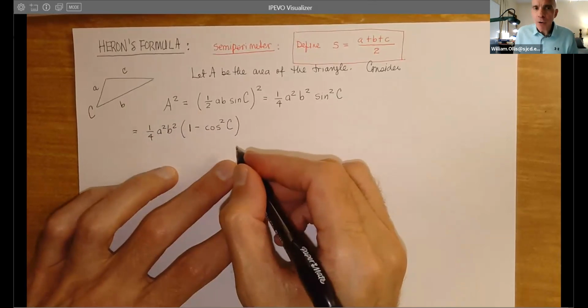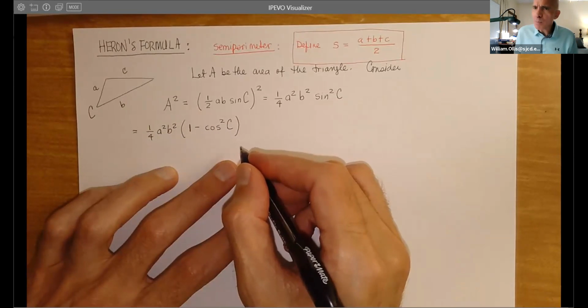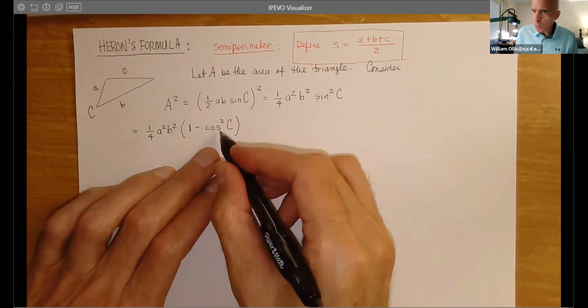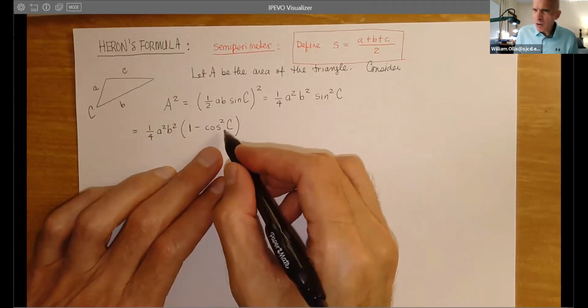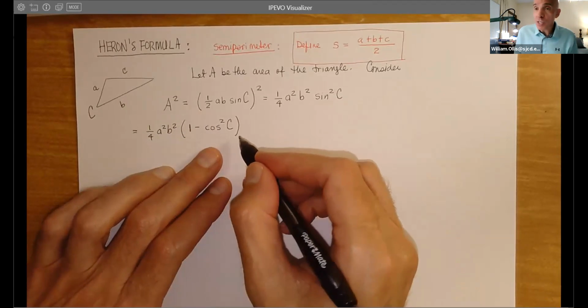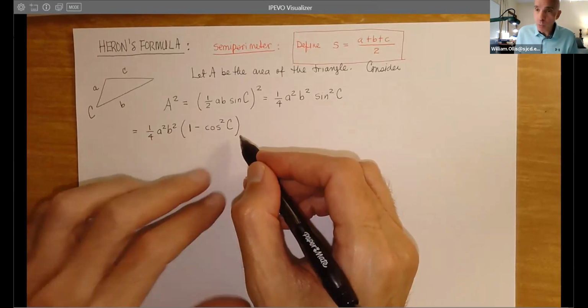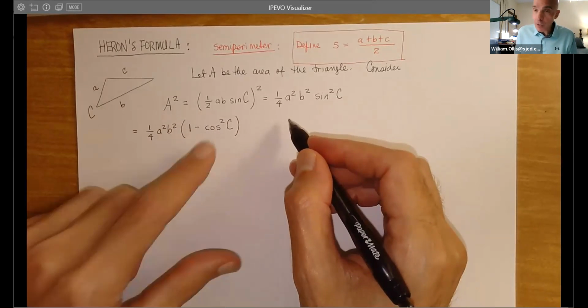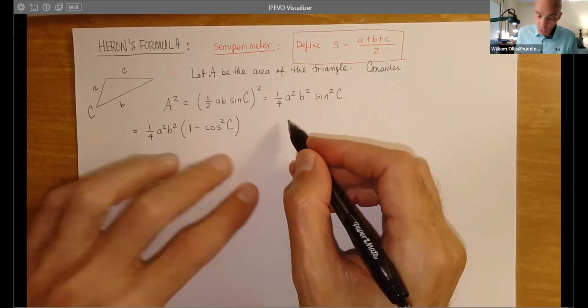So now you're thinking, all right, how do I want to do this at this point, Professor Ron? If that's the square, I don't really have the square of cosine C in the law of cosines. I just have the first power. So with that in mind, we might think to factor this. This is a difference of two squares.